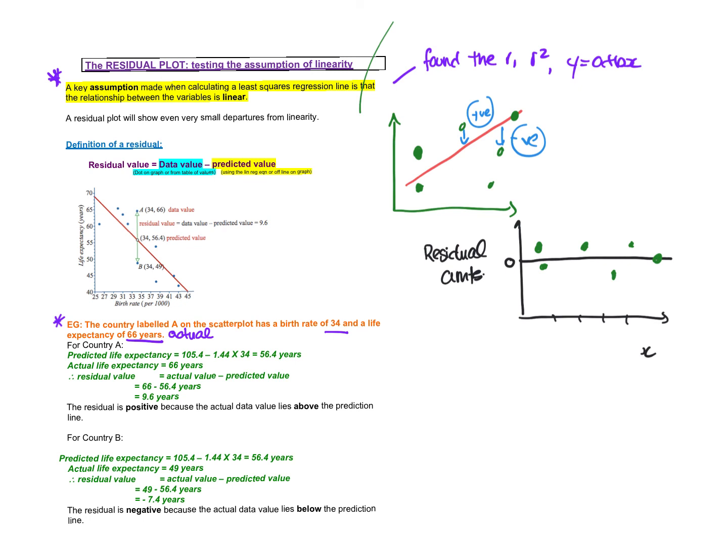We found 34 years, we found the predicted. And so when they found an individual residual, they just did actual minus predicted, and that's it. So you may get asked to find a few individual ones, and you just follow that little formula.